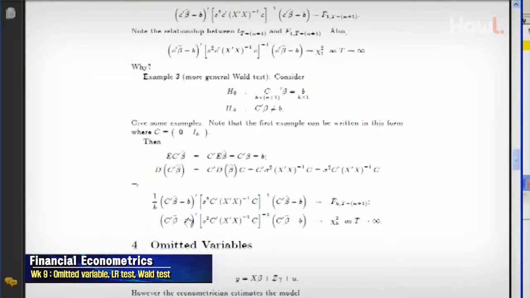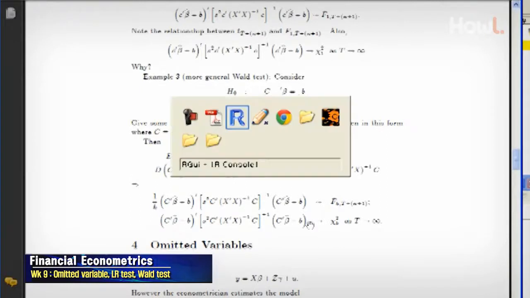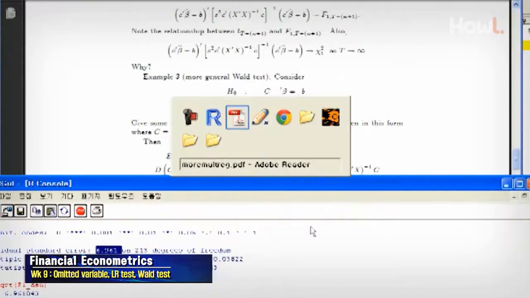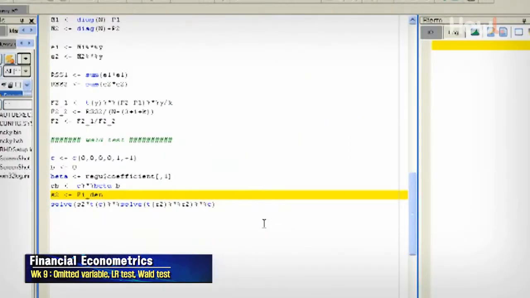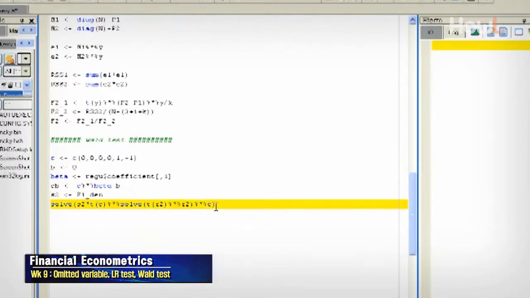So we have this part. So I have to pre-multiply this and this. Pre-multiply Cb.